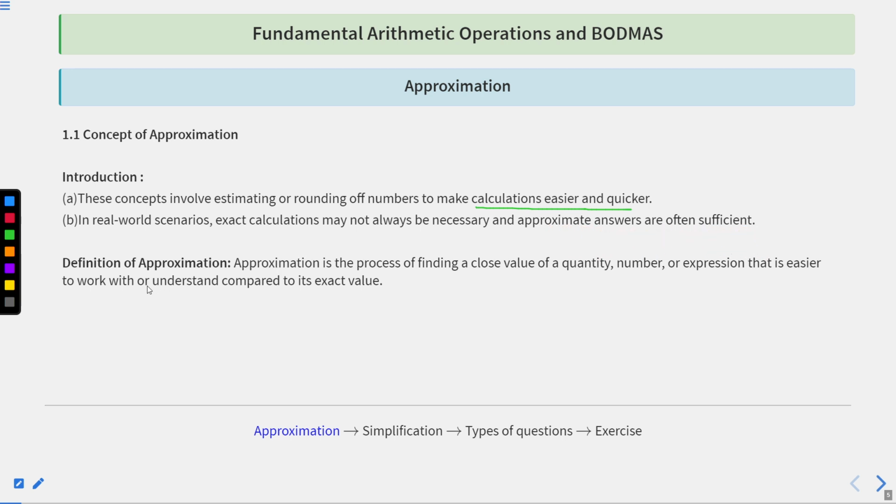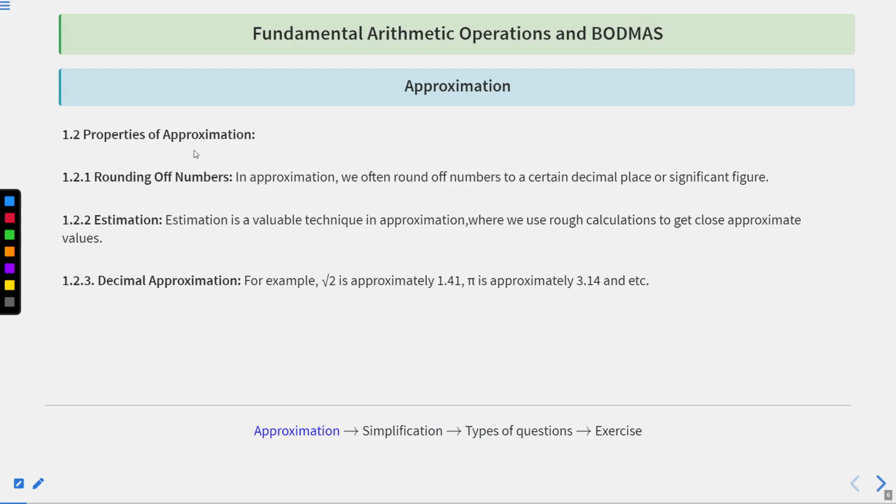If I have to give you a definition, approximation is a process of finding a close value of a quantity, number, or an expression that is easier to work with or understand compared to its exact value. So overall, the main motive of approximation is to get a quantity that is easier to work with or to understand.